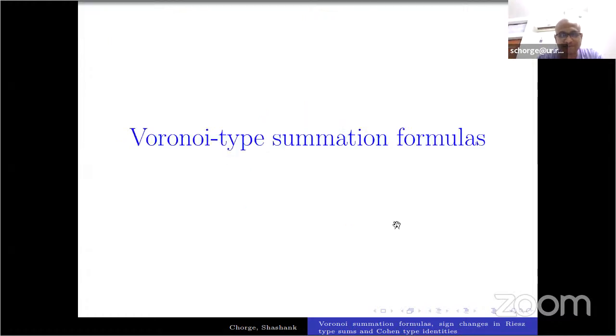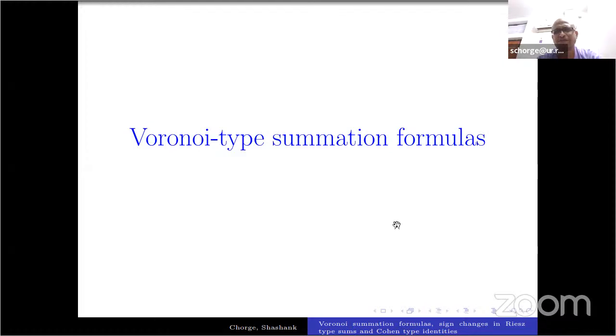Moving on, what is a Voronoi type summation formula? Basically, they are summation formulas for arithmetic functions derived using the functional equation of the Riemann zeta function. Of the different functional equations, the one I mentioned before plays a critical role in the derivation.